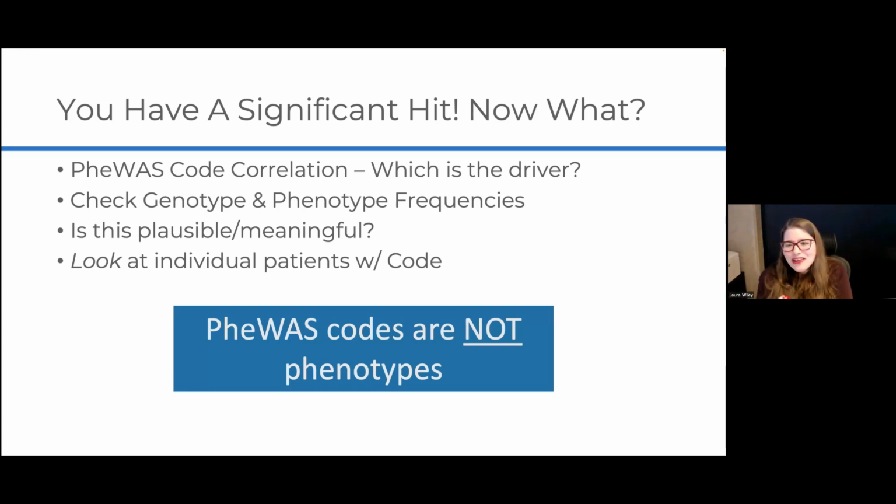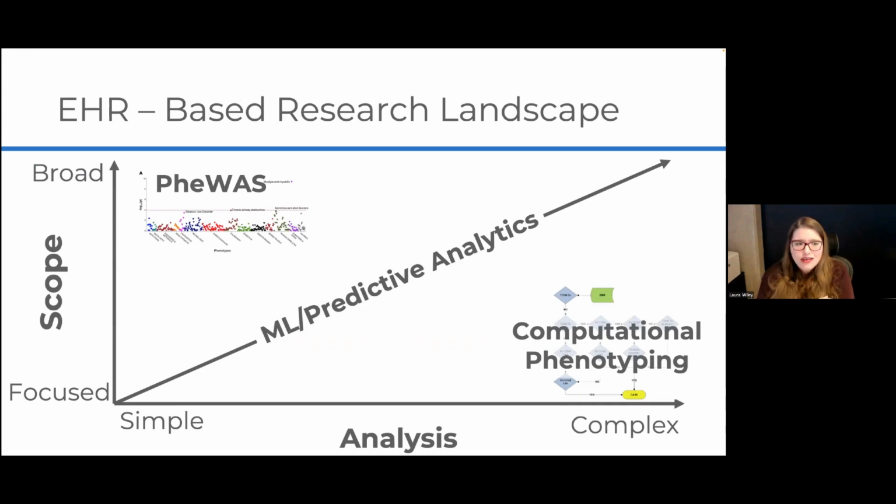They tell you something, but they are not nearly as robust as one of those computable phenotype definitions. All right, this is a hypothesis generation tool. It's really useful to give you a direction of where the signal might be, what you should follow up, but you do need to go in and do those follow-up analyses. And so move from PheCodes to a computable phenotype to validate or do these other confirmatory steps.